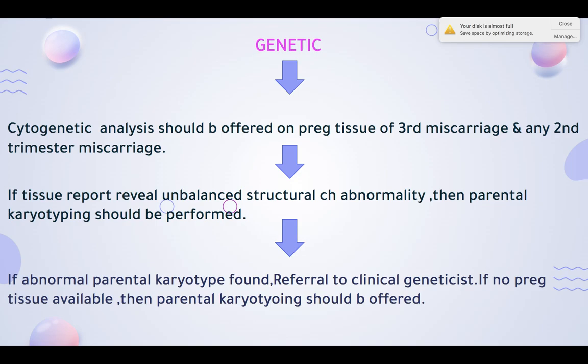Now come the genetic factors. Okay, so genetic factors, yes. This has again been changed in this guideline. To check the genetic factors, what are we going to do? What does the genetic factor mean? I have already discussed that it means parental chromosomal abnormalities or fetal chromosomal abnormalities, right? Cytogenetic analysis should be offered on the pregnancy tissue of the third miscarriage.